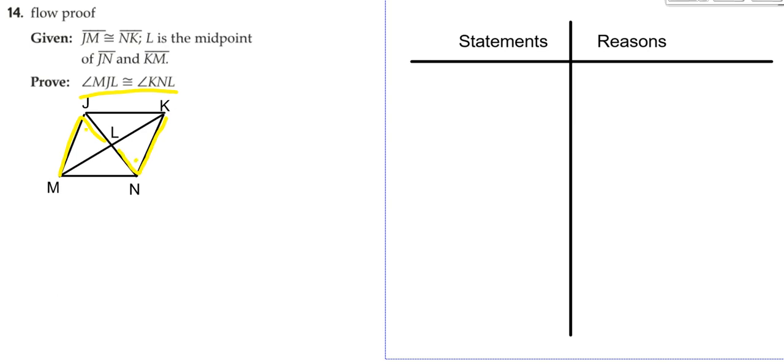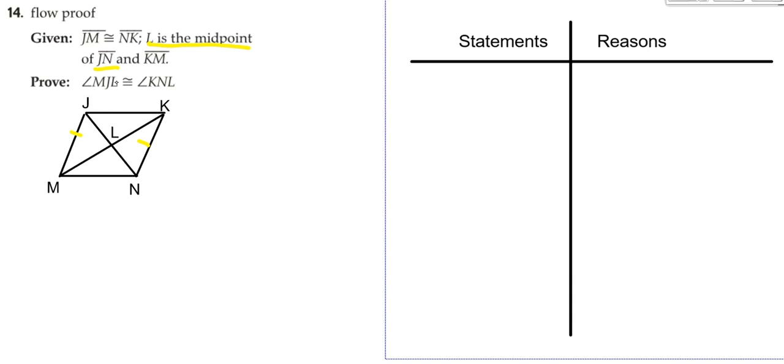So there's a lot of triangles here, and we have to decide what 2 triangles we're going to be using as we look at this picture. So let's see what the pieces are that we know. We know segment JM, which is right here, is congruent to segment NK, so we can mark those. And we know L is the midpoint of 2 things, so we've had that before.